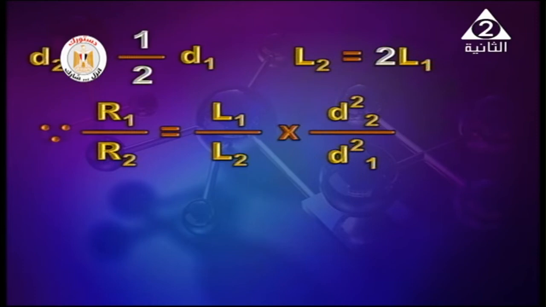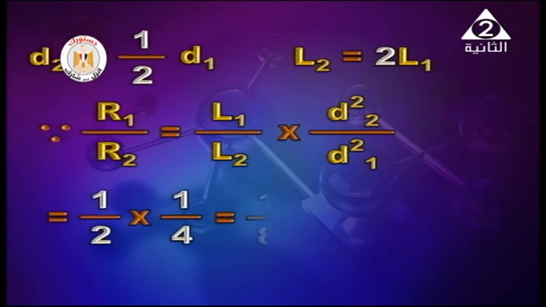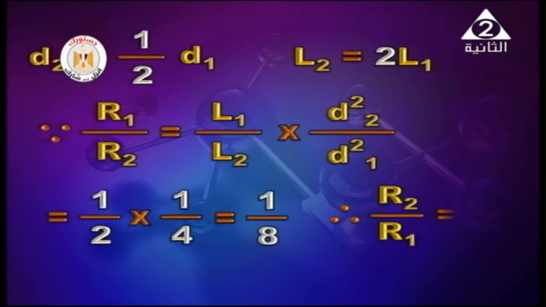It is equal to half times 1 over 4. It is 1 over 8. This is the ratio between R1 and R2. So if you want to mention the ratio between R2 to R1, it will be 8 to 1. Okay, thank you very much.